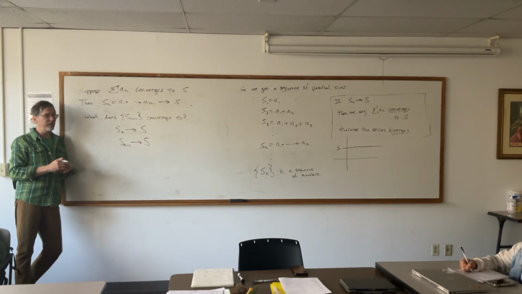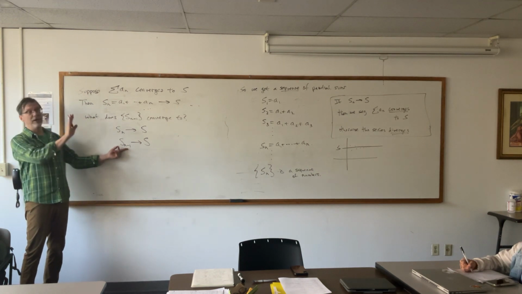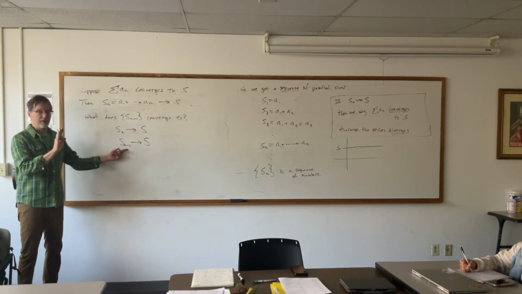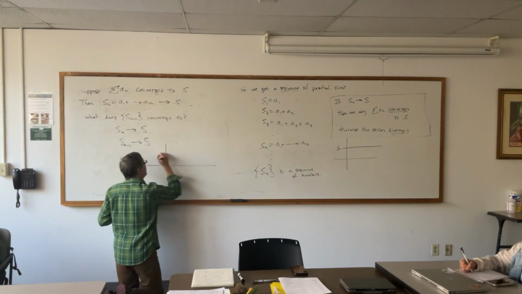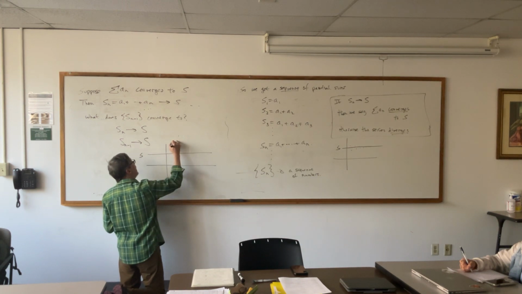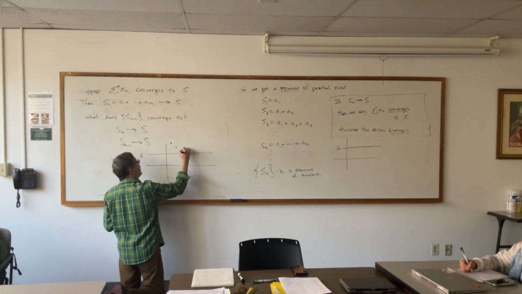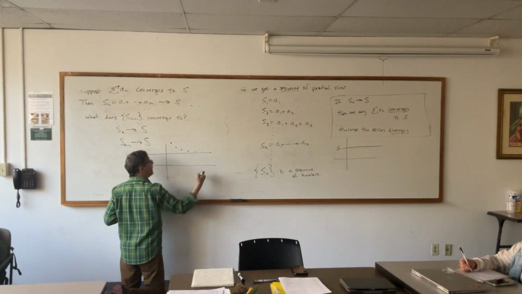Does that make sense? This is just the same sequence. This one's just knocked back one level. So in other words, think about it like this. Here's the picture. If we've got, say, here's S, and here's S sub n. Here's S1, S2, S3, S4, S5, 6, 7.